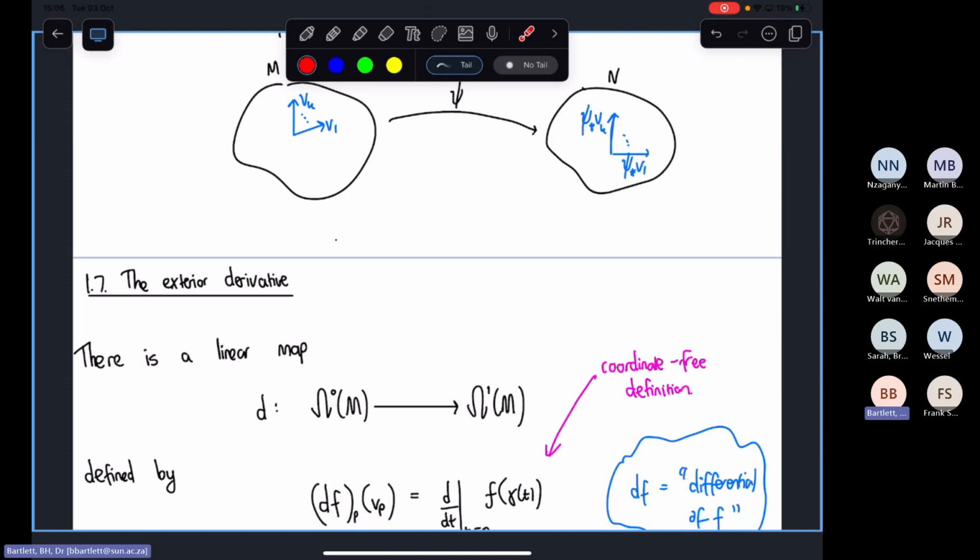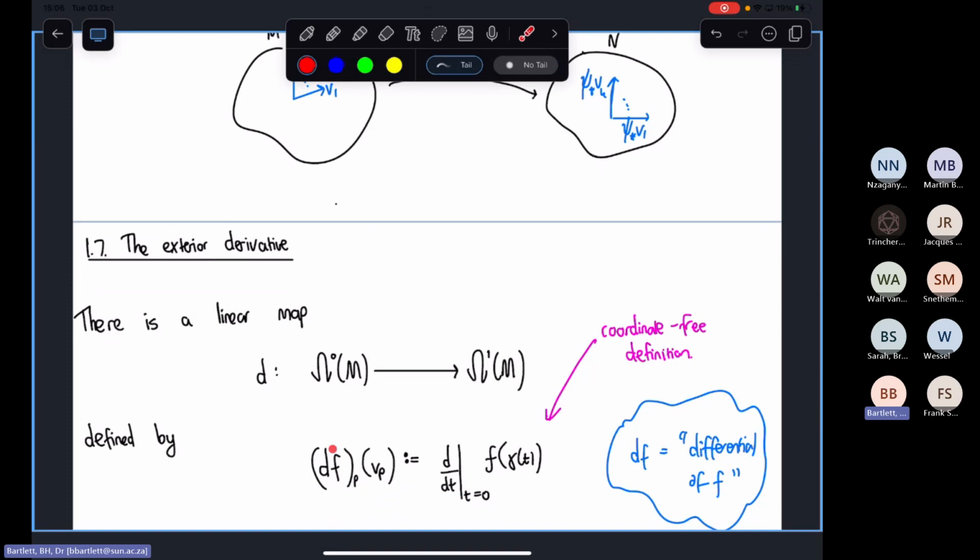And what it does, and I should actually make this a definition, is that it takes the derivative of my function in the direction of v. In other words, you take a curve in the equivalence class of v, and you differentiate the function along the curve at t equals 0. We call this df the differential of f.